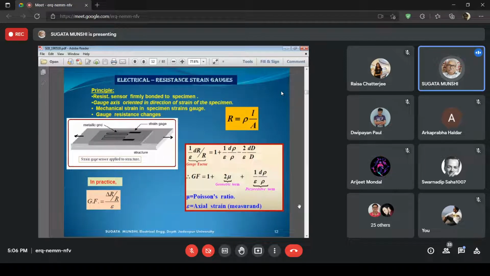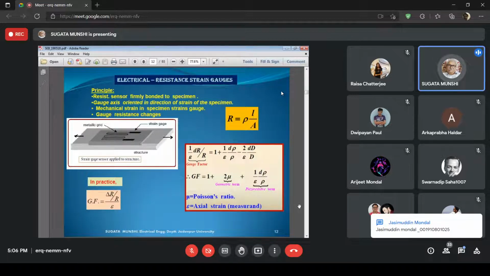So a resistive strain gauge consists of a resistive element. This resistive element can be made of metal alloys, or they can also be of semiconductors, doped silicon or germanium.